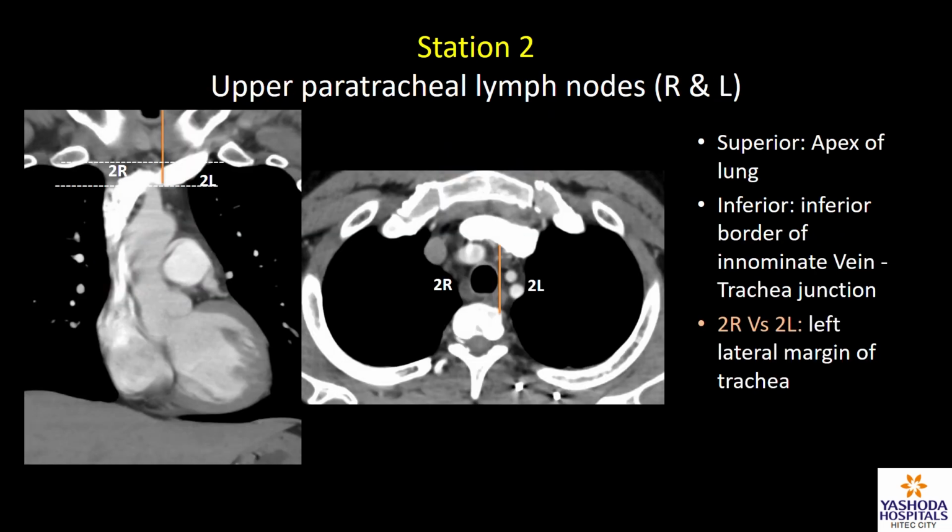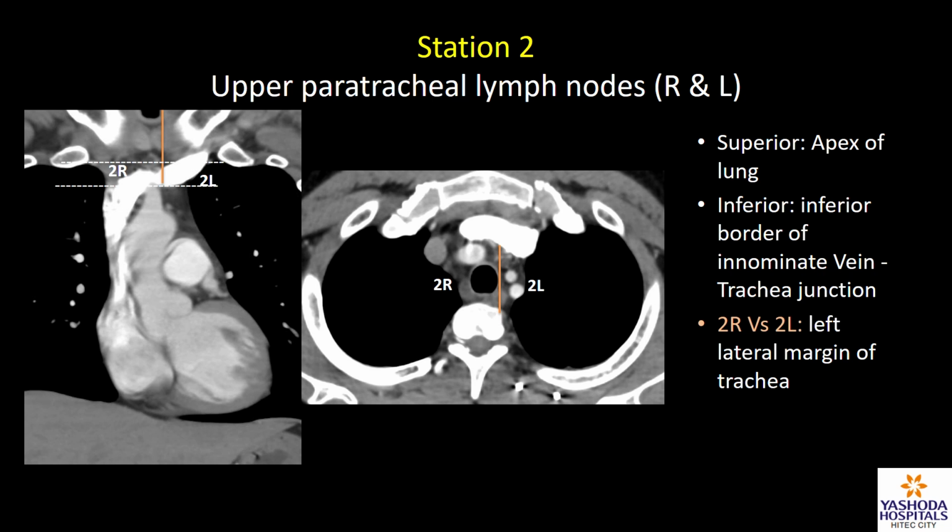Now, station 2 is the upper paratracheal lymph nodes. Again, you have the right and left. One very important thing: the dividing line between the right and left is not the midline of the trachea like in the previous station. It is the left lateral border of the trachea which divides the right paratracheal from the left paratracheal.